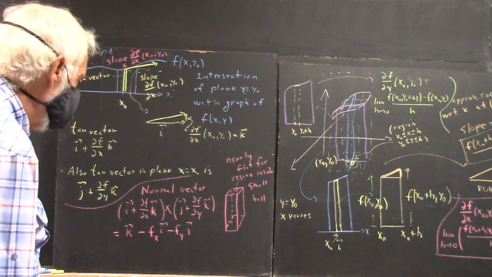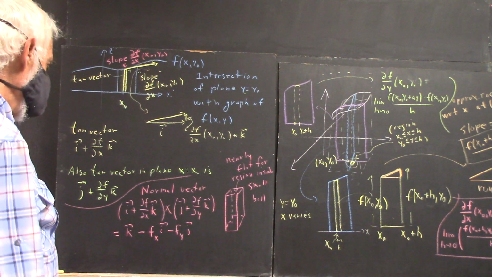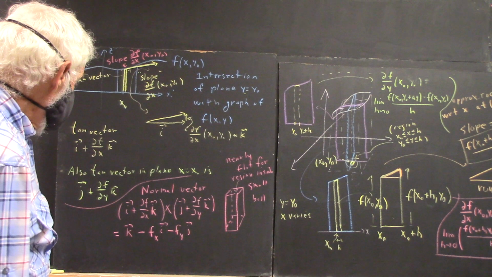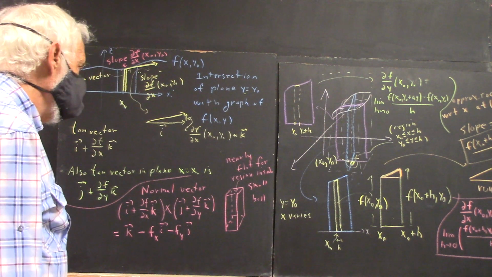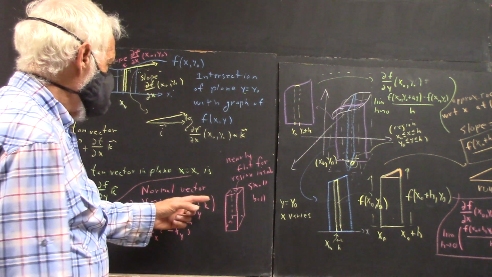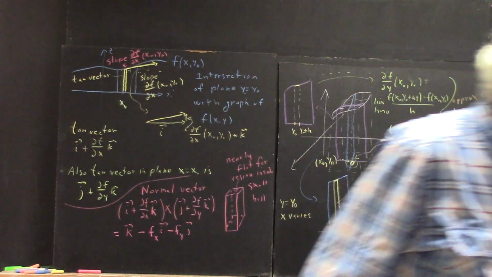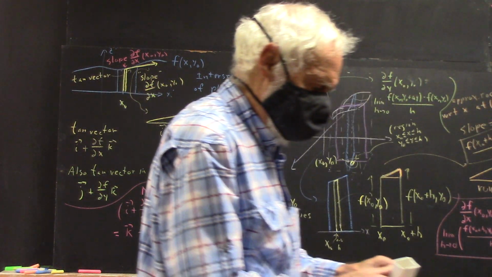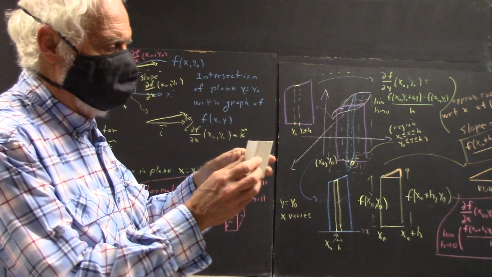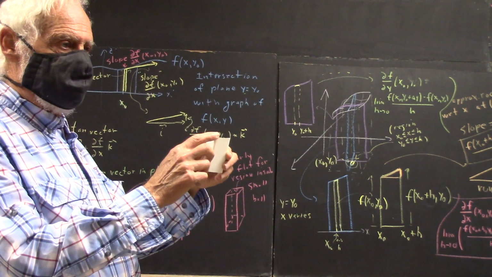So, you can think about what this means geometrically. For the picture, well, let's go back to this, okay. And let's try the normal vector at this corner.